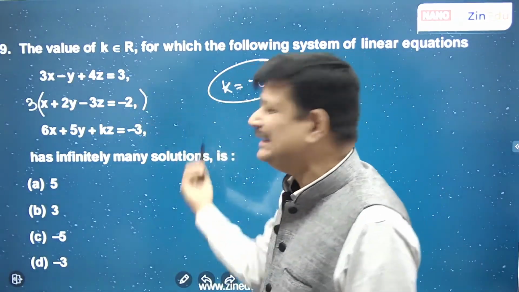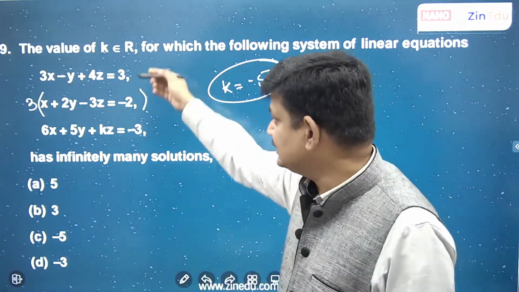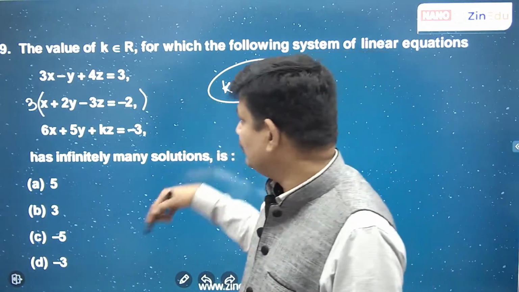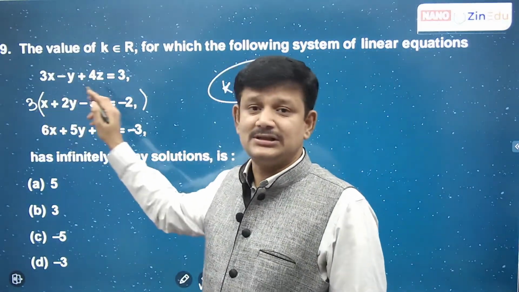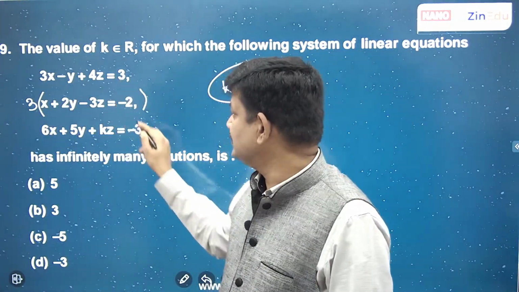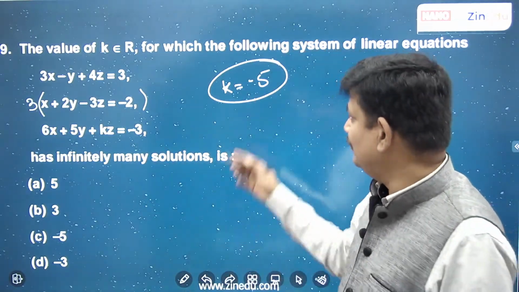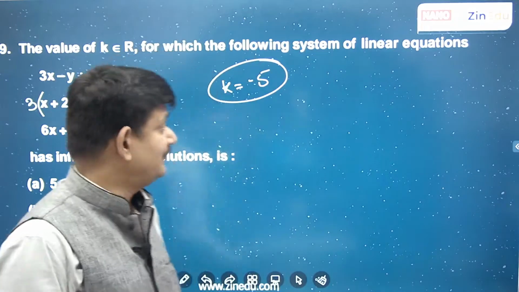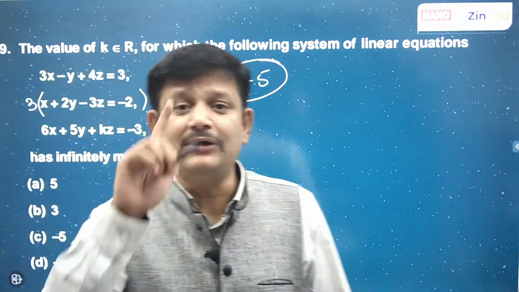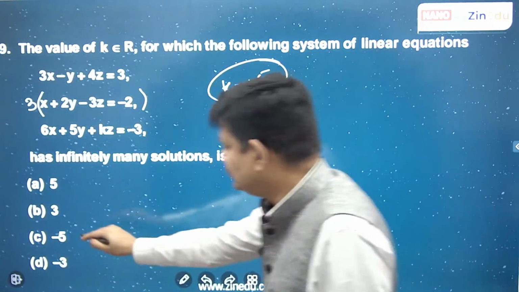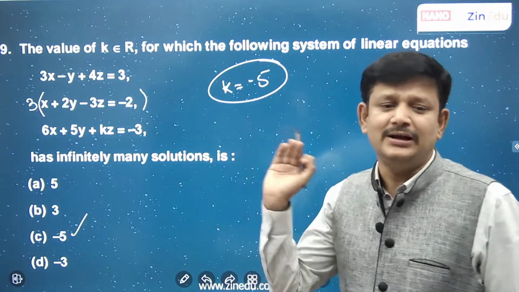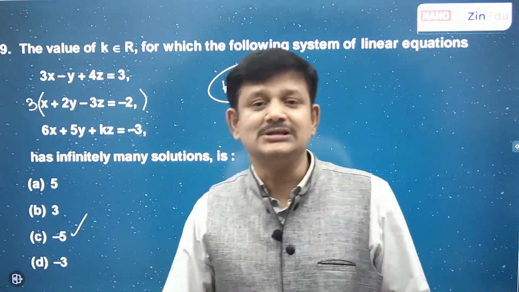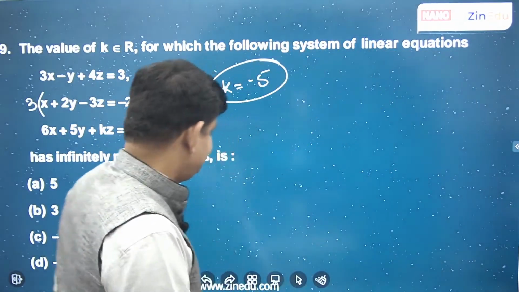So automatically he might have already verified. He has given the numbers to you. Just for the sake of discussion, minus 6 plus 3 is minus 3. That is already verified. So k equal to minus 5 will give you infinitely many solutions, and if k is not equal to minus 5, then you will have a unique solution. So this method will be very handy to you, especially because this question is repeatedly asked in JEE Main.